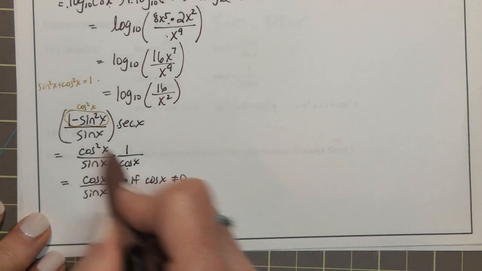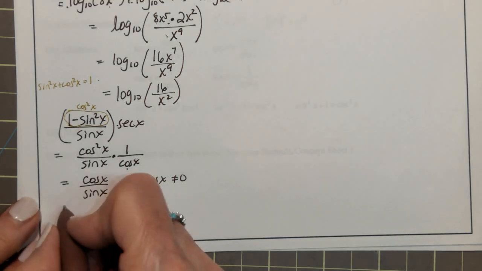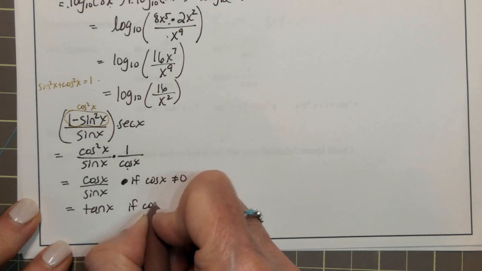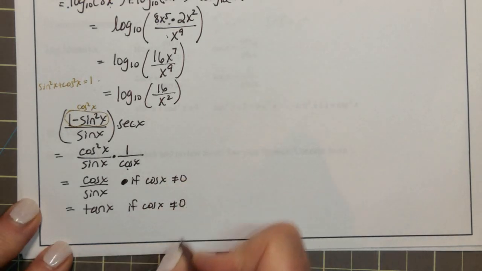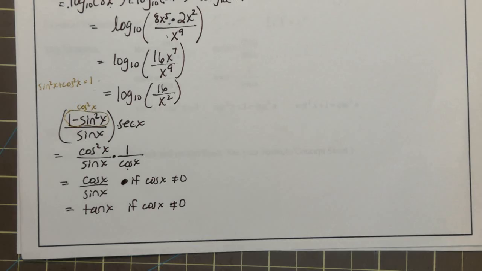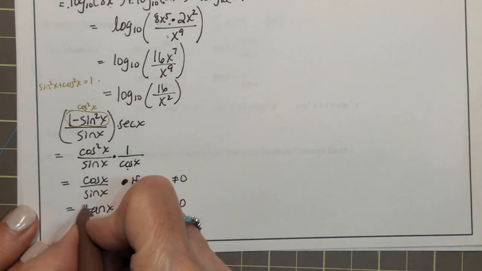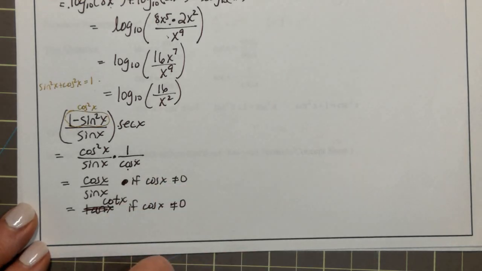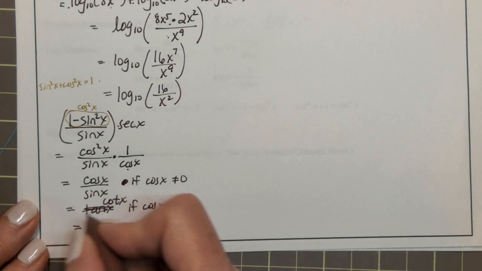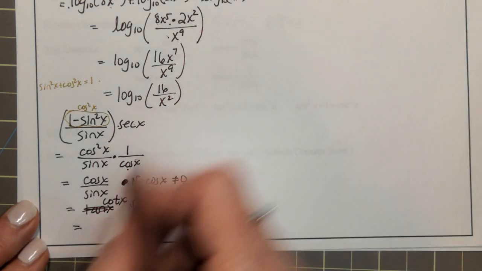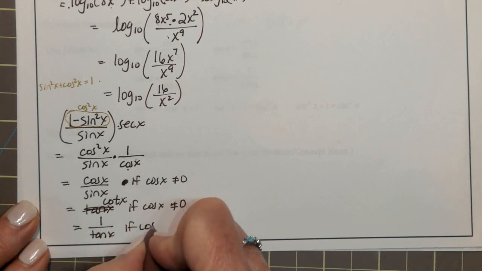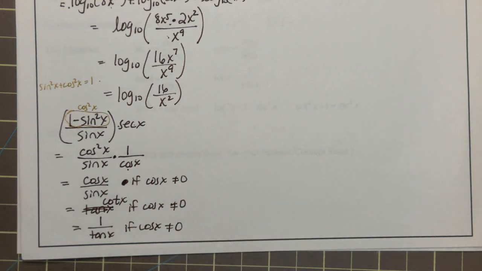If you get rid of a denominator, write that. And that is equal to tangent x. I'm sorry, it's not tangent x, it's cotangent x. They tell me to write it as tangent x, so I'm going to change that to 1 over tangent x.